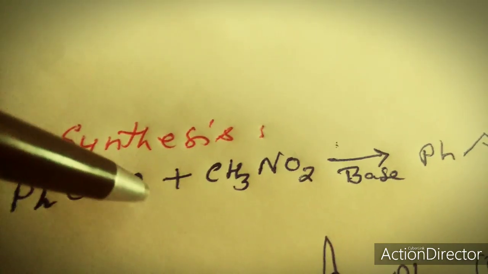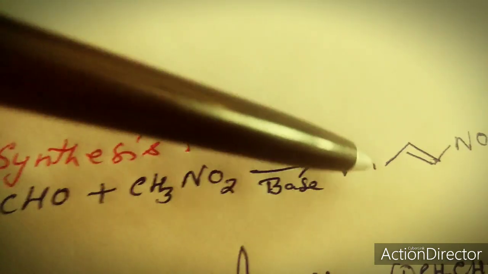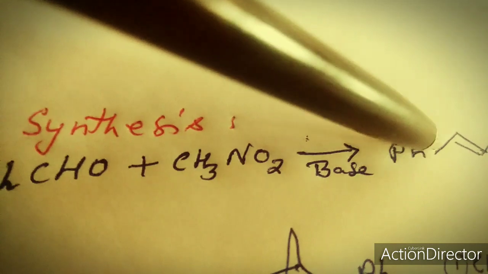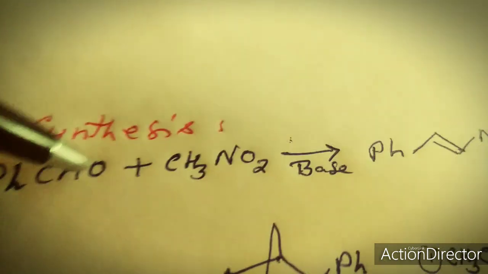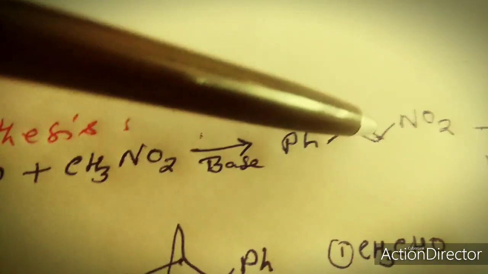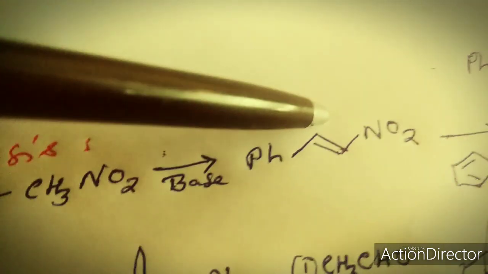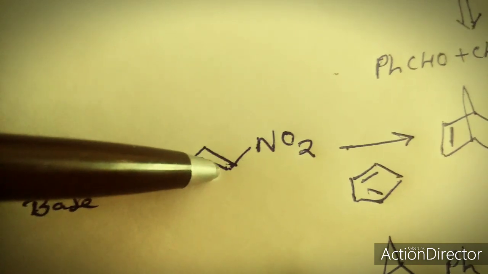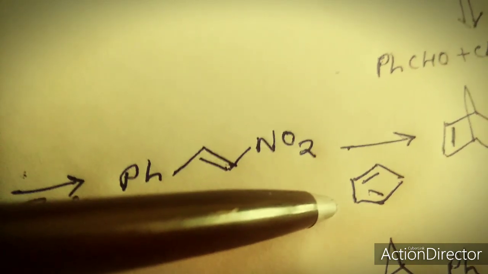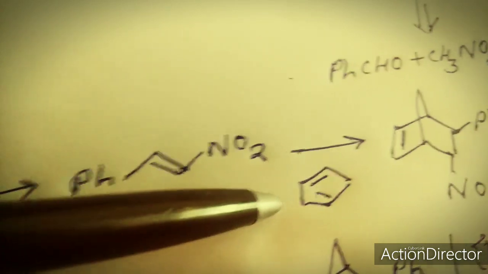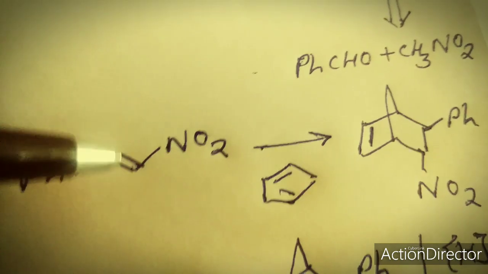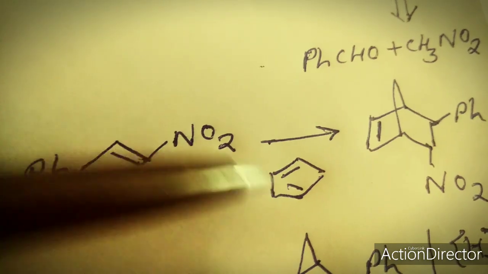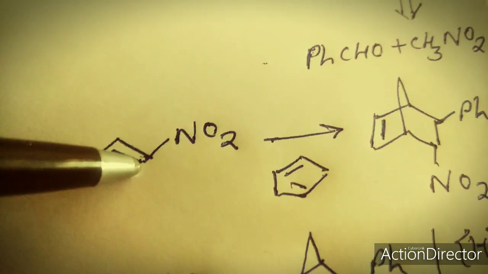Here we will get H2O, so a double bond with C6H5 at one end attached to this CH, then the double bond, and the other end is the NO2. This of course is the ene, which with cyclopentadiene will give us the Diels-Alder reaction. These two ends will be connected at this end, this at this end.